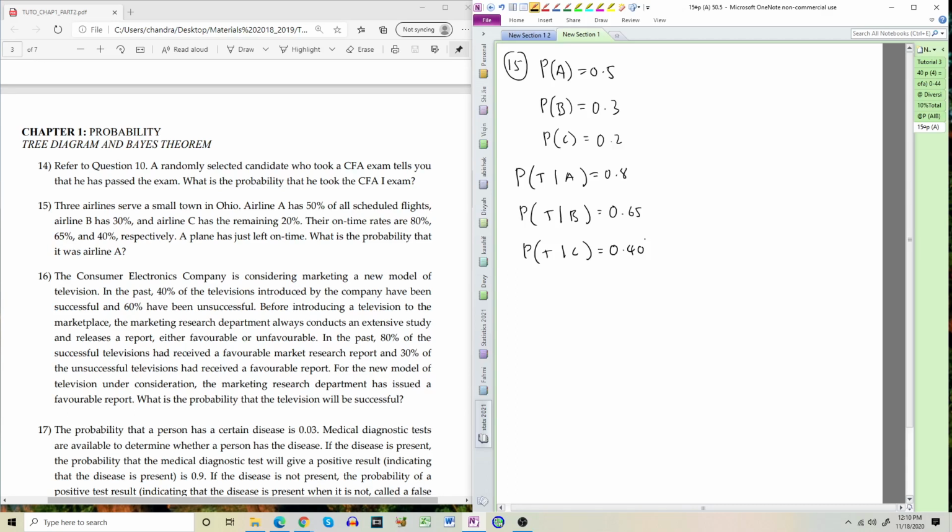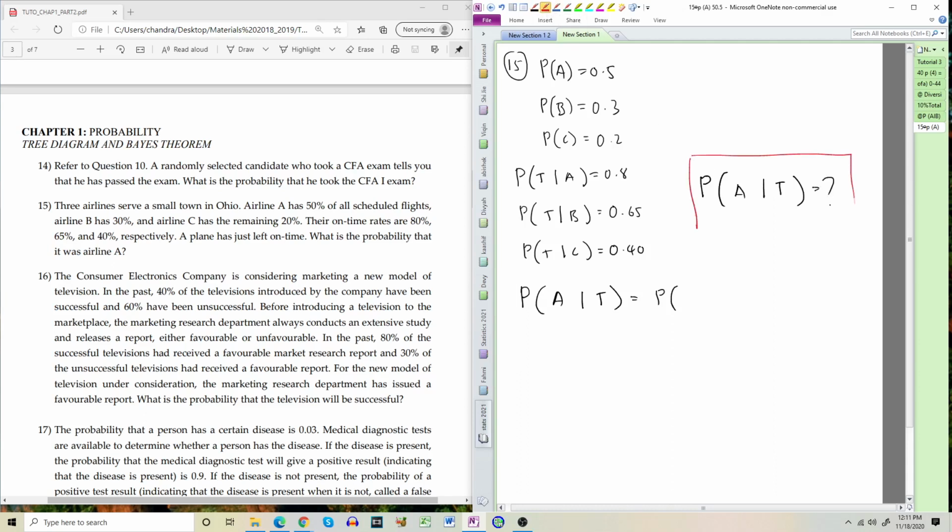a plane has just left on time. What is the probability that it was airline A? So the question is, the plane has just left on time, what is the probability of this?